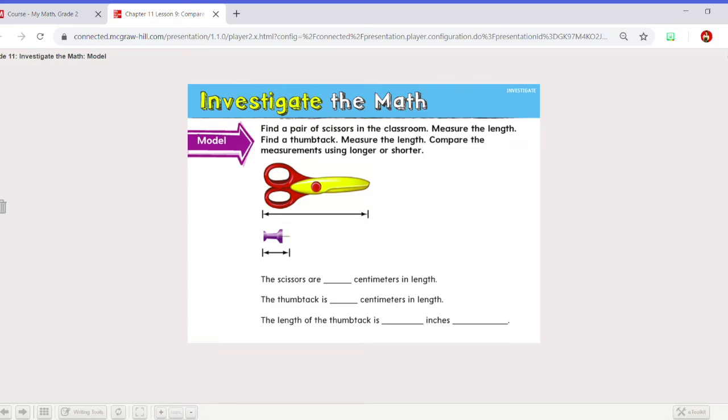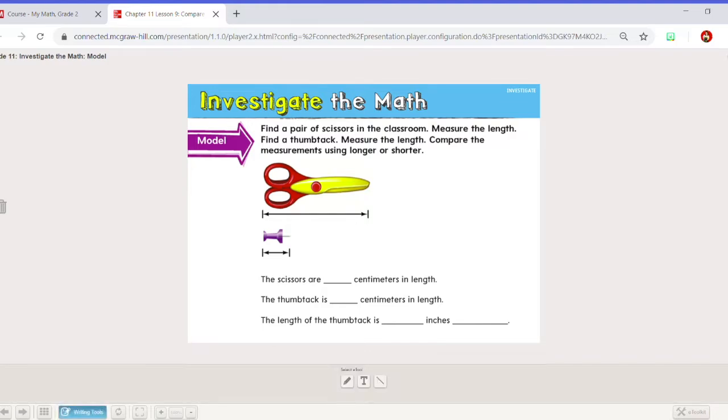So we're going to start by practicing measurement. It says, find a pair of scissors in the classroom and compare the length to a thumbtack. Measure the length, compare the measurements using longer or shorter. Now, I don't have these objects with me, so I'm going to put my ruler on the screen and measure.